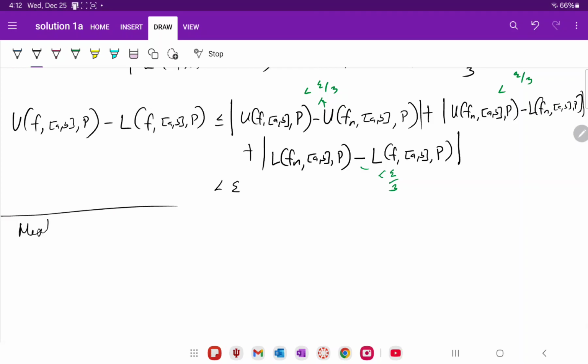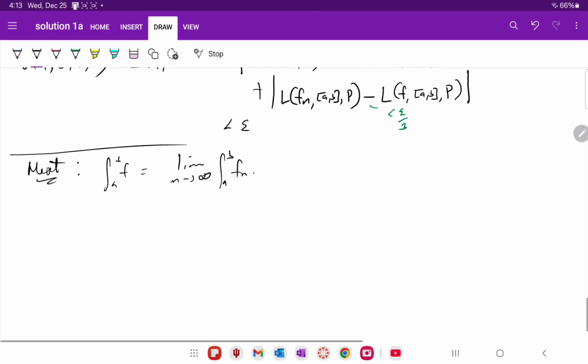So next we need to show that the integral from a to b of f equals the limit as n tends to infinity of the integral from a to b of fn.